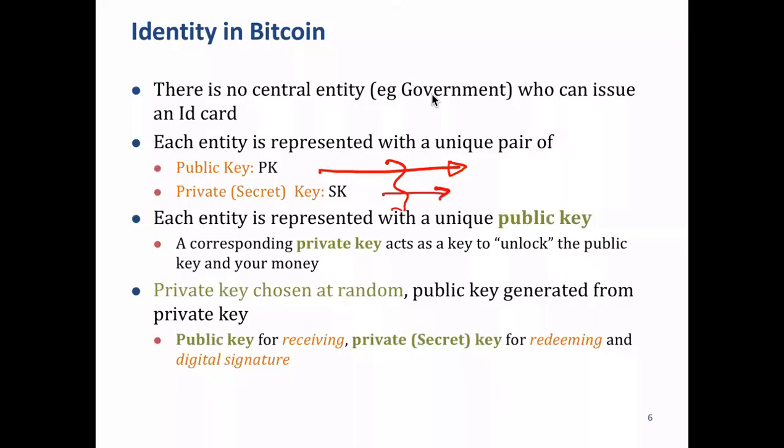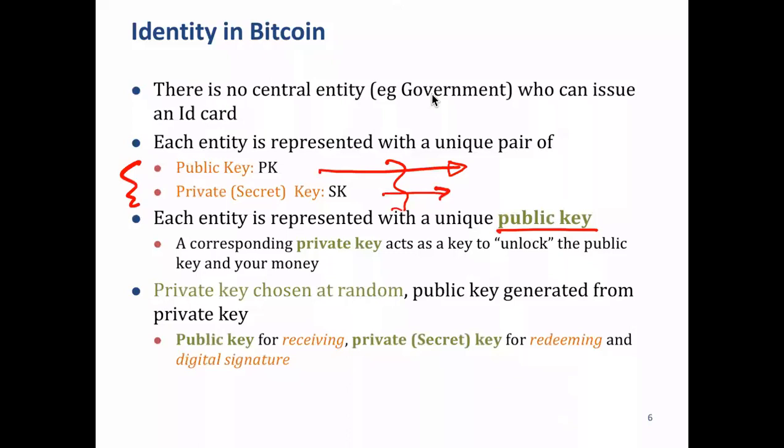Somebody has sent you some money, the message is encrypted with your public key, then you can decrypt it, complete the transaction, and receive the money, right? So identity is primarily with these two. Public key, of course, is available to all. You can publish it or you can send it to somebody.